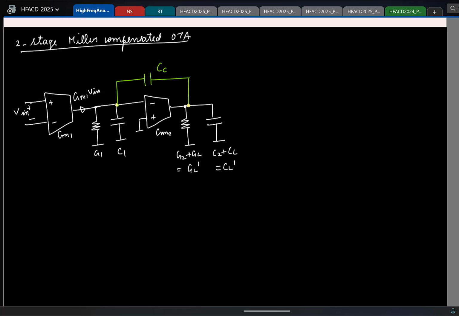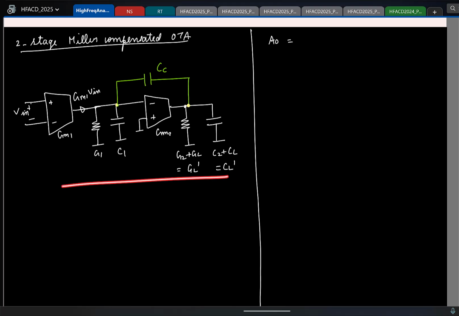So let's write down all the properties of this we know. So what is the DC gain of this two-stage OTA? Yeah, DC gain is where you don't consider the capacitors. It's GM1 by G1 times GM2 by GL prime. That's the DC gain.